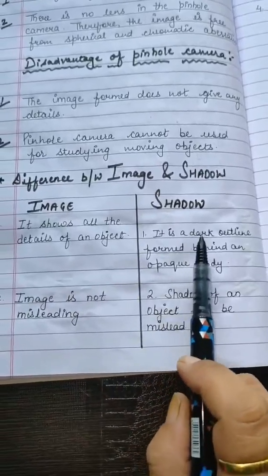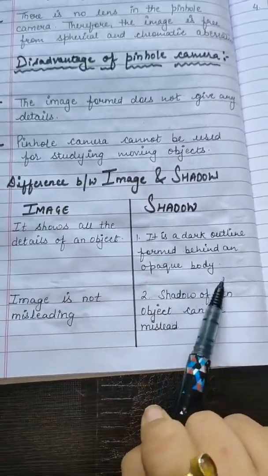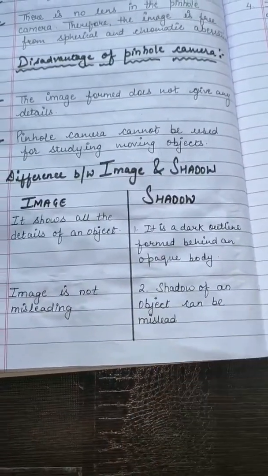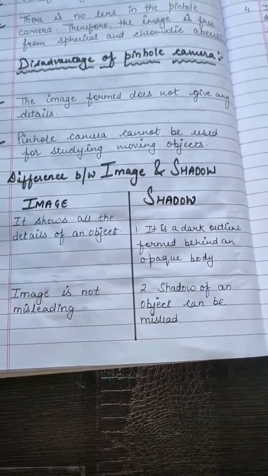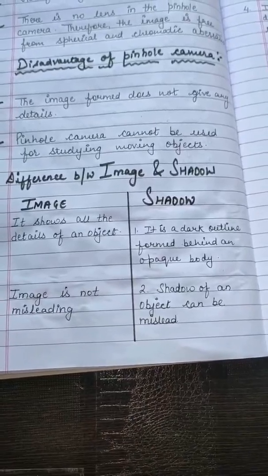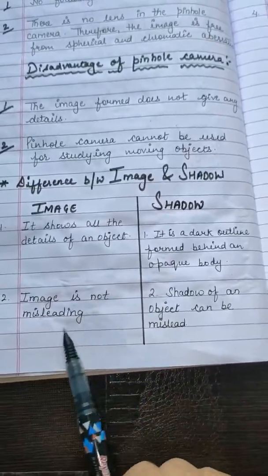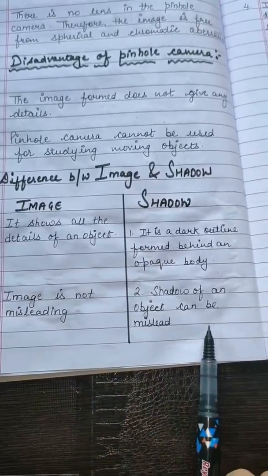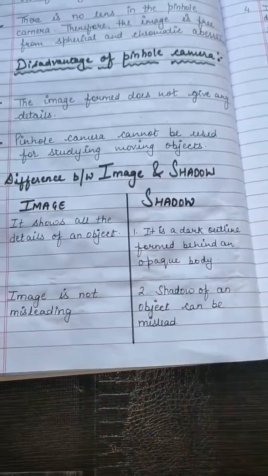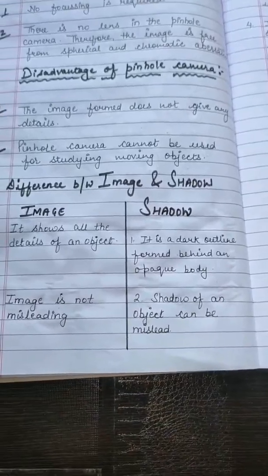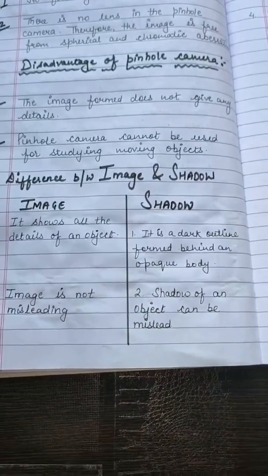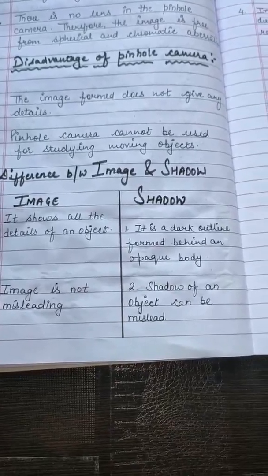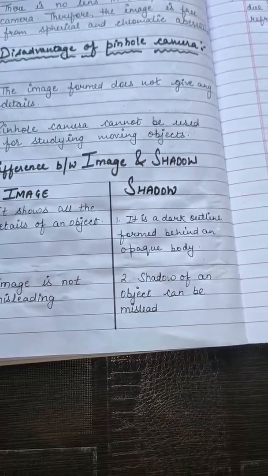And a shadow is a dark outline formed behind an opaque body, and it doesn't give any detail. An image is not misleading, but the shadow of an object can mislead. We can make different shadows with our hands also.